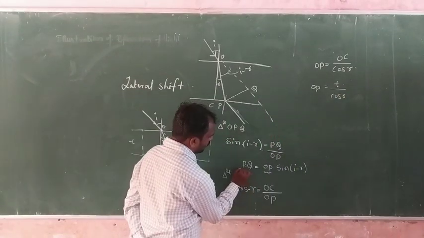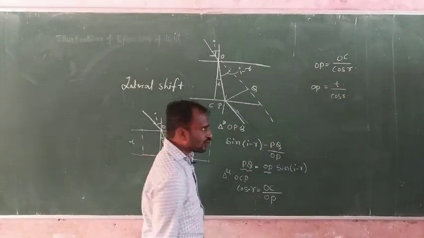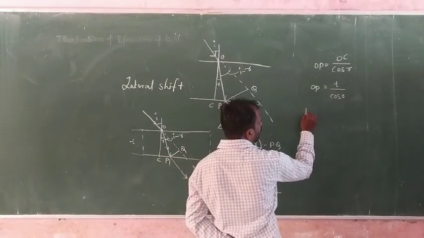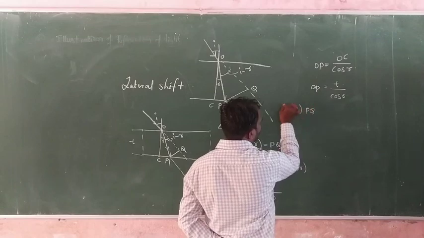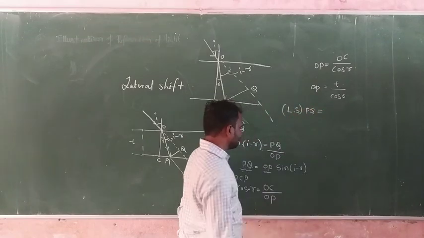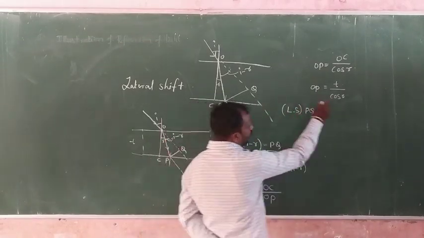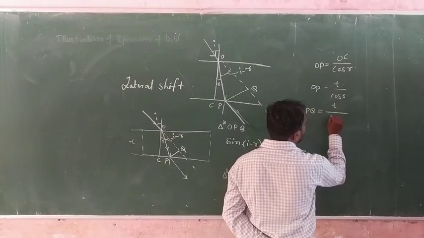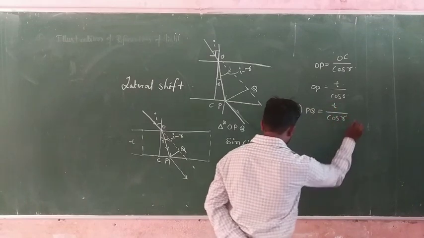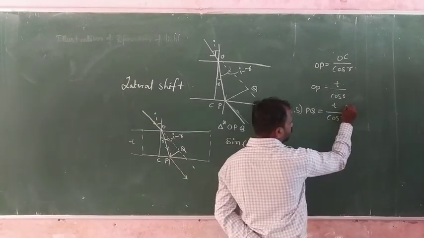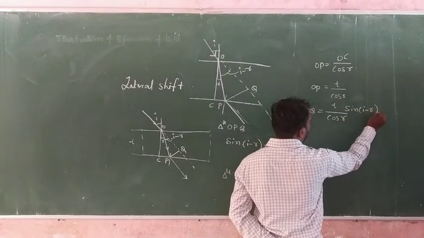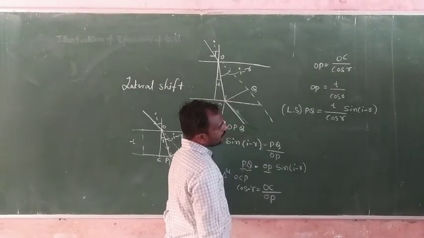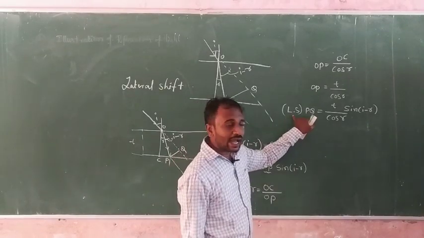So PQ means the lateral shift. The lateral shift is equal to OP, which is T divided by cos R, into sin I minus R. This formula we consider the lateral shift.